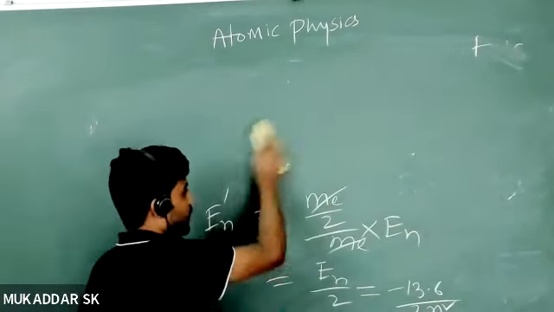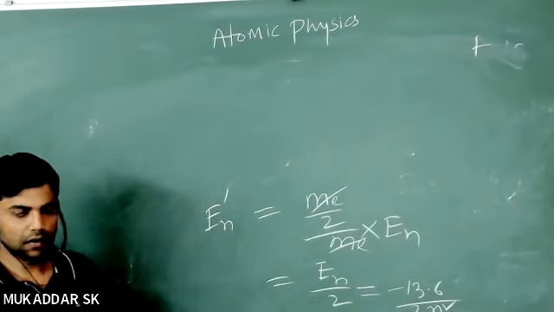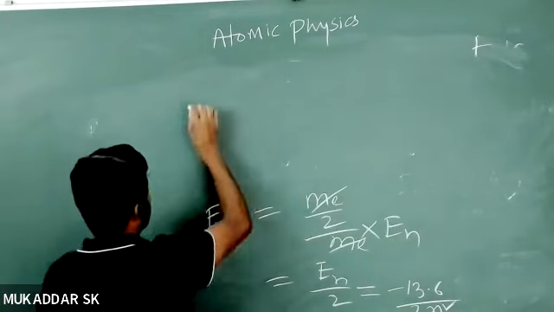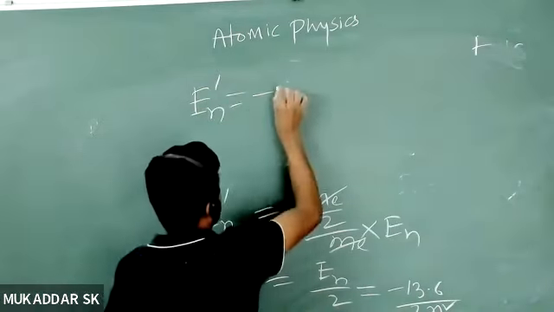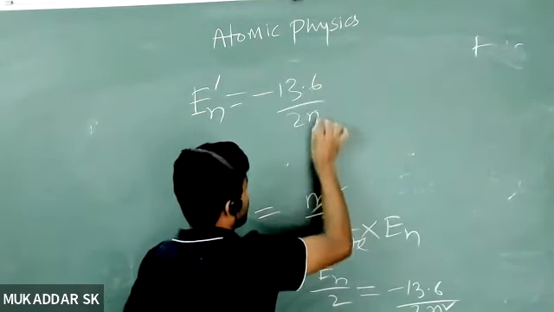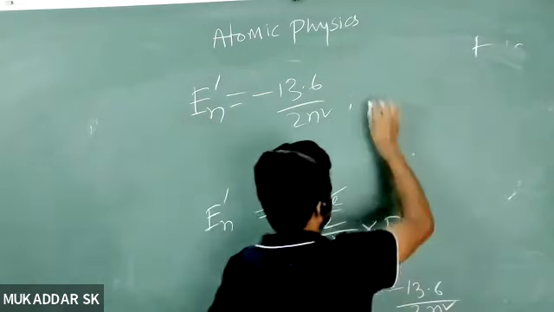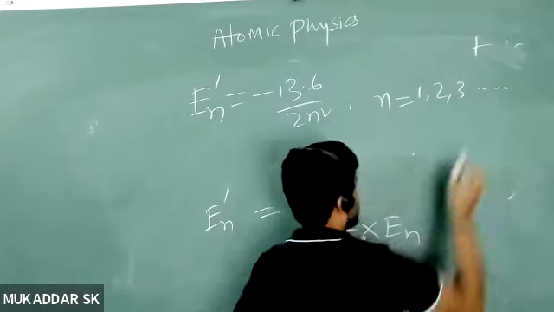So now I asked to calculate the energy for the Lyman alpha line. Please write this first: minus 13.6 by 2n square, where n can vary from 1, 2, 3 and so on.